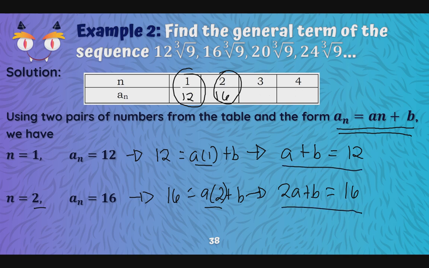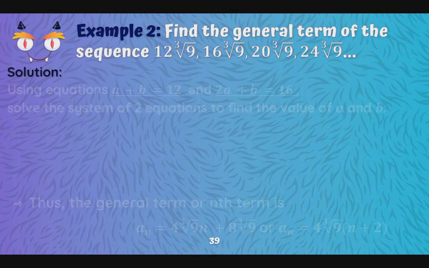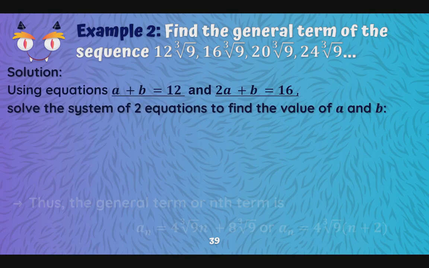Next, using elimination method, solve natin katulad lang din kanina, 2a plus b equal to 16. Ang unang equation naman, a plus b is equal to 12. Kunin natin yung difference.